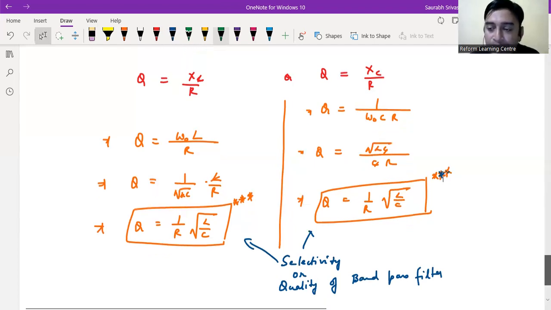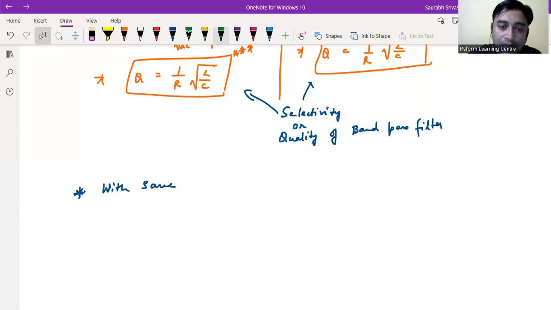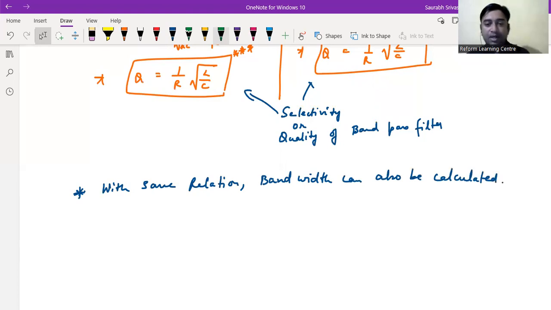Now with same relation, bandwidth can also be calculated. That is, Q is equal to omega naught upon delta omega.